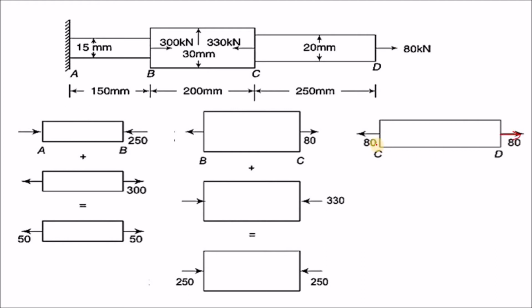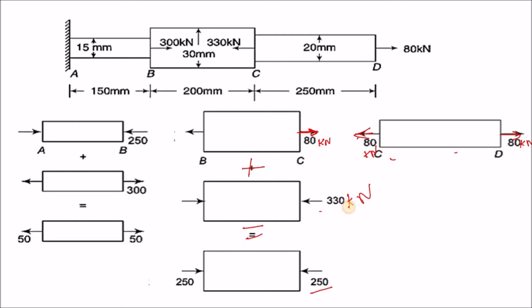To apply equilibrium at CD, 80 at C. For this 80 we should apply 80 for section BC. And one load is also acting here, 330. So 330 kilonewton applies here. Now taking the summation of both, we get 330 minus 80 equal to 250.